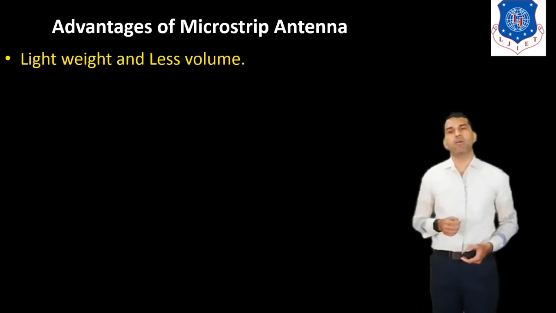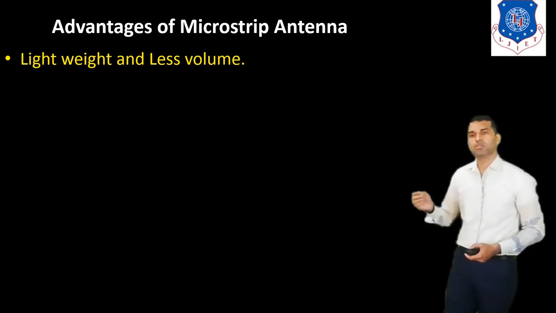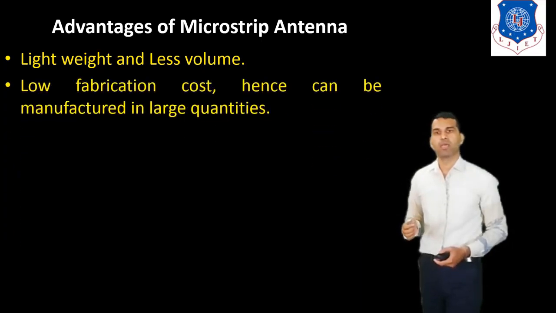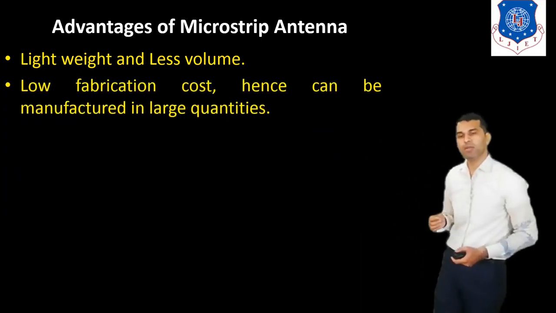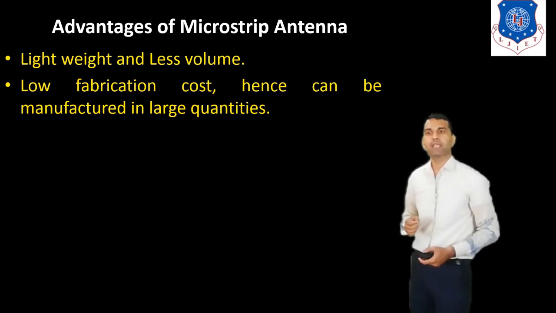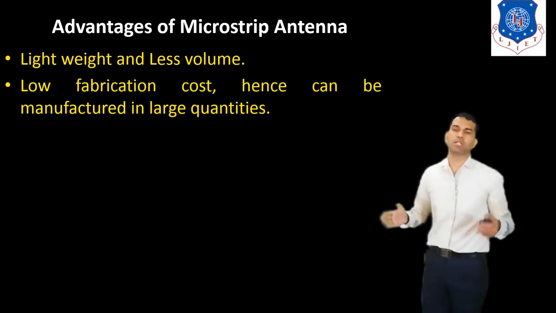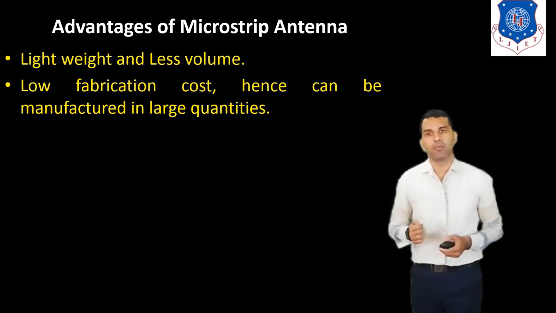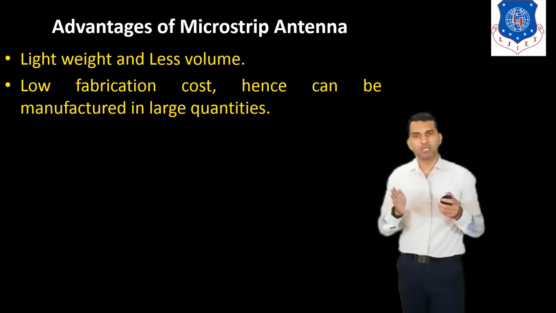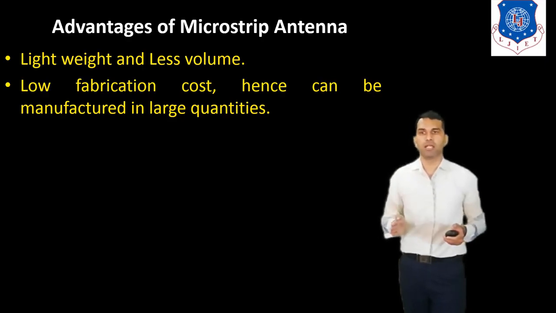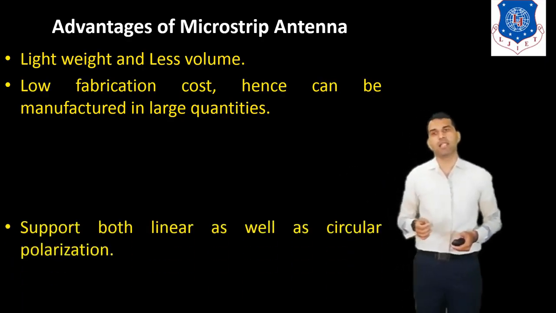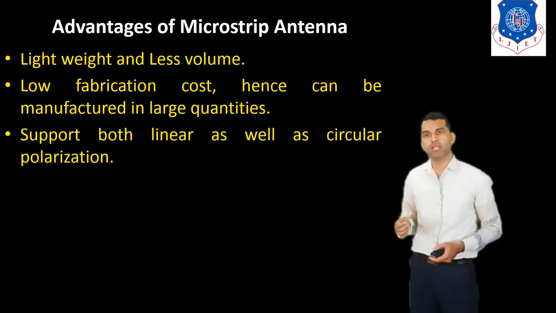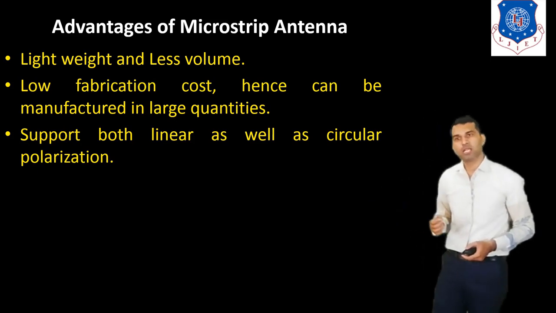Now we discuss the advantages of this antenna. The first advantage is light weight and less volume. The second advantage is low fabrication cost, hence it can be manufactured in large quantities. The fabrication cost is very low compared to other antennas. The third advantage is that it supports both linear as well as circular polarization.